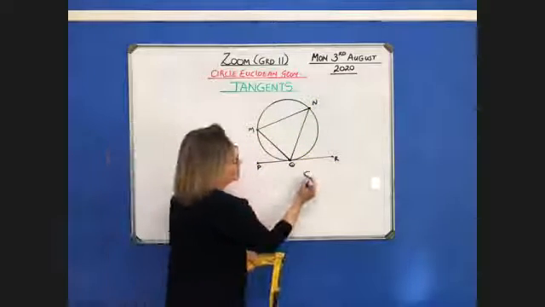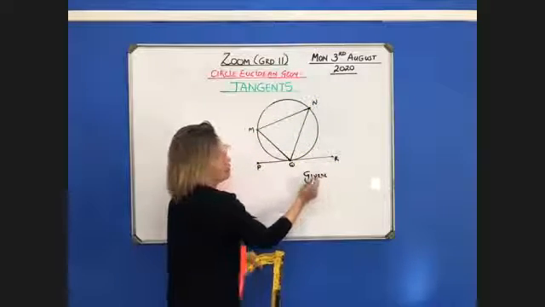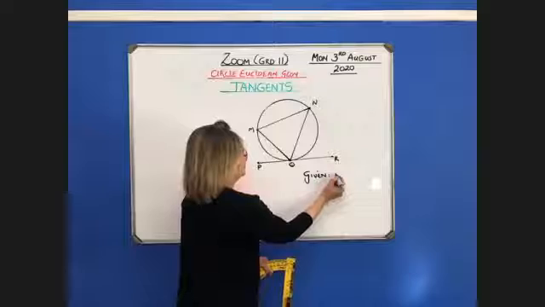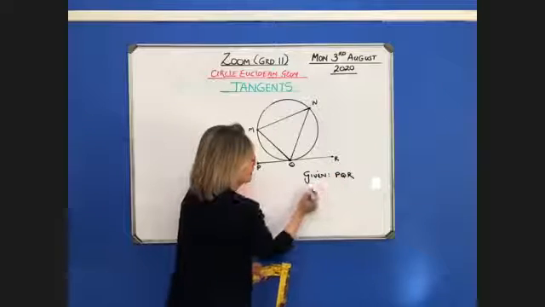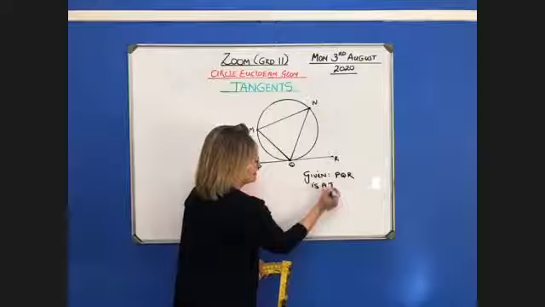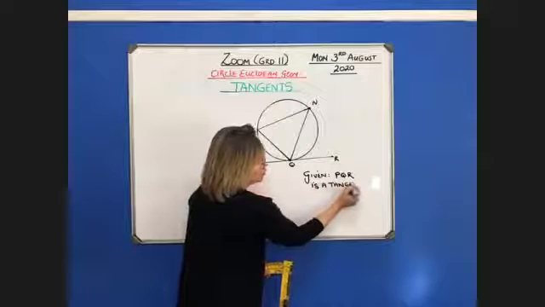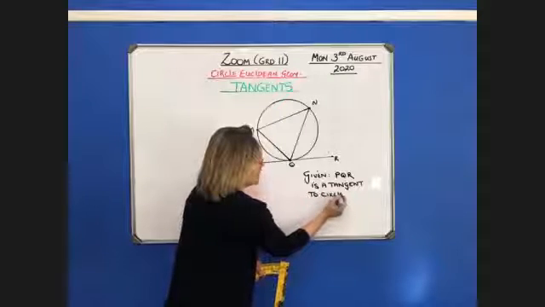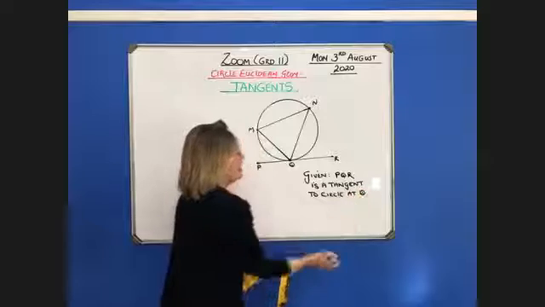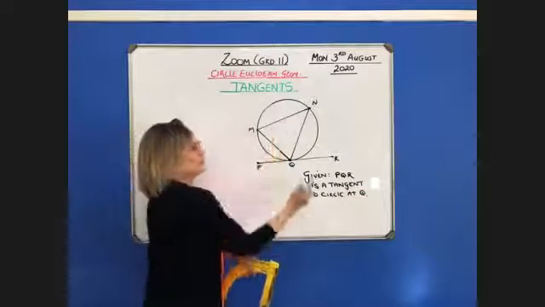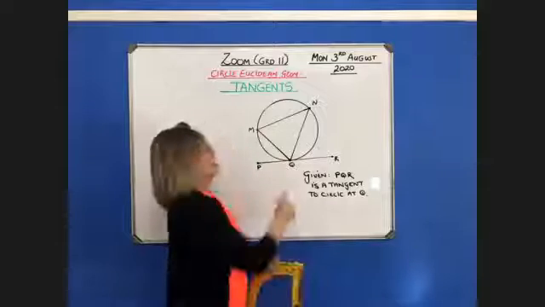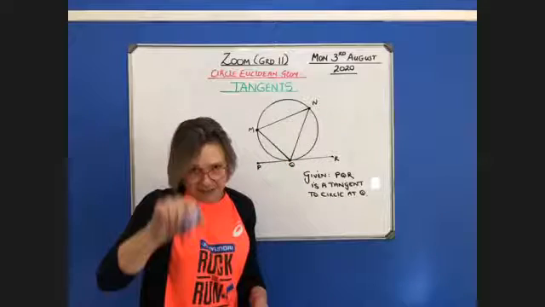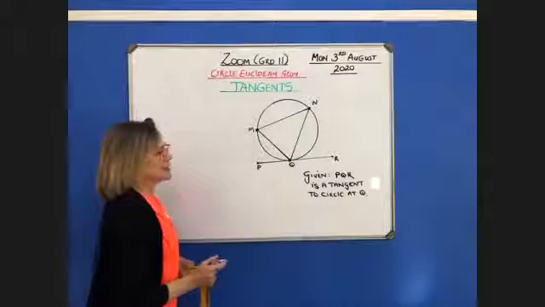And then I'm going to join that chord. Okay, so now this is a very common exam proof, so take special note of this one. If they say given PQR is a tangent to the circle at Q, and remember that fancy word, they could say that points M, Q, and N are concyclic, which means they lie on the circumference.